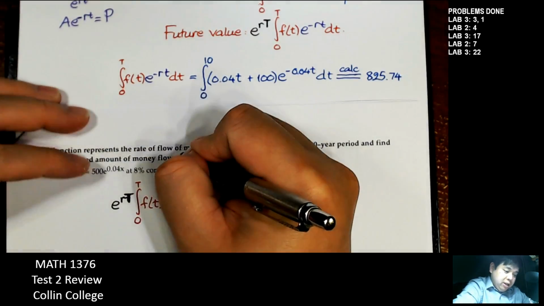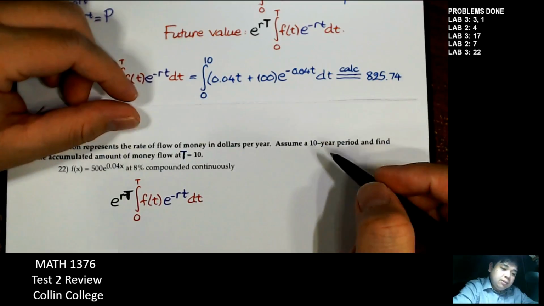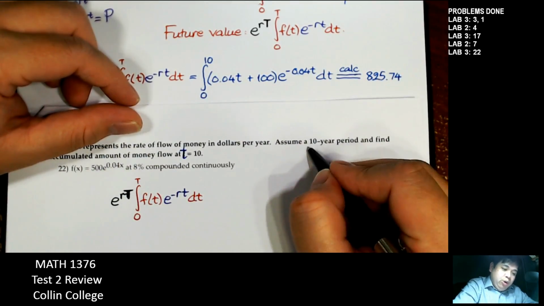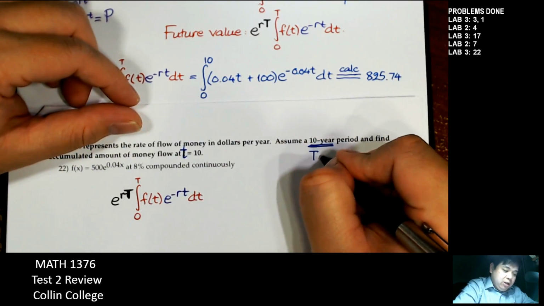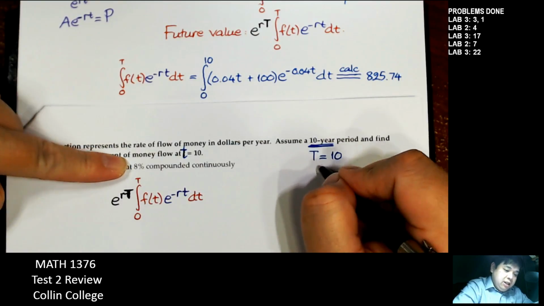And the confusing part, this should be capital T. That's fine, we do know it is 10 years here anyway, so T is equal to 10. The rate is 8%.